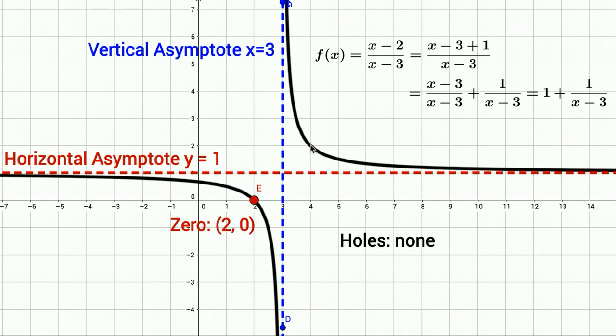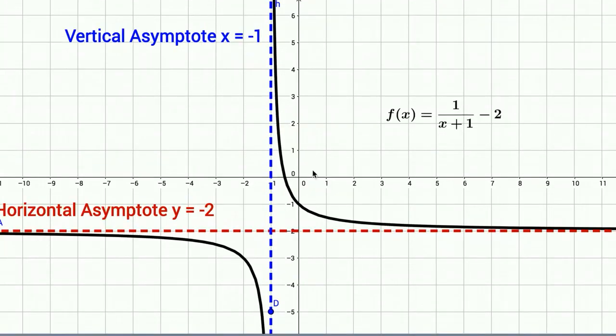From here, I have 4, 2 as my first point, right 1 up 1, right 2 up 1 half, right 3 up 1/3, right 1 half up 2, right 1/3 up 3. And then do the same thing for the negative part. Left 1 down 1, left 2 down 1 half, left 3 down 1/3, left 1 half down 2, left 1/3 down 3.